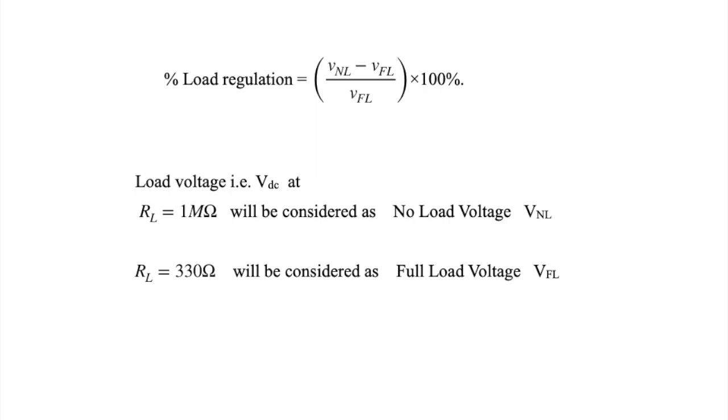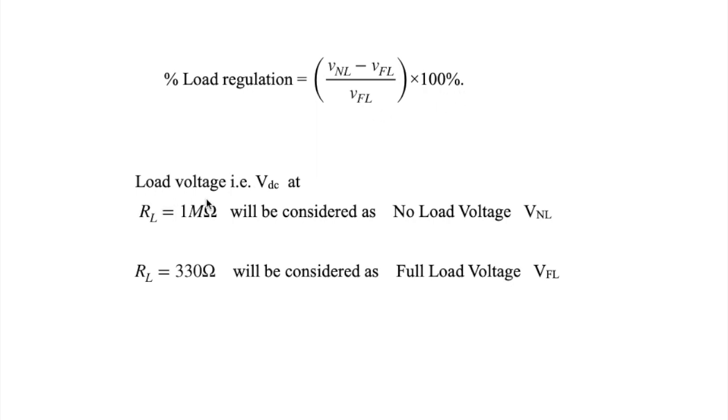0.486. We are going to see variation in the output DC voltage with respect to load resistance. We will then calculate percentage load regulation using the formula V no load minus V full load upon V full load into 100%.